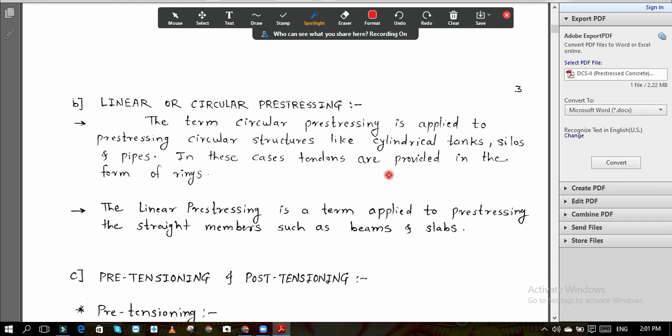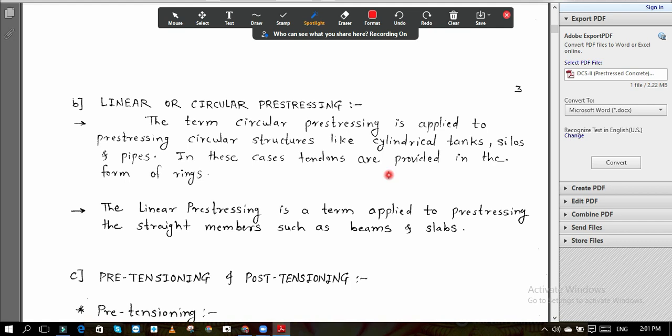Rings, like the stirrups you have, either square or rectangular, same type, but here the rings are circular, provided in cylindrical tanks, silos and pipes, etc. Whatever the circular structures are, the reinforcement provided is also circular in that case.